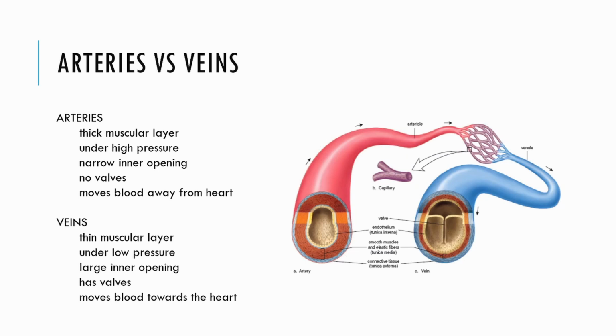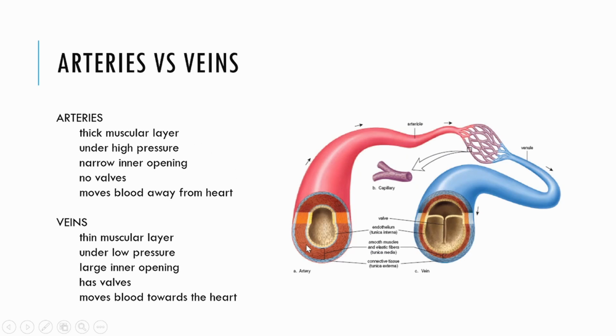There's some other key things that can differentiate between arteries and veins as well, besides just the direction that we're pushing blood. In the arteries, they're under a much higher pressure compared to the veins. Veins are under low pressure. And because of that high pressure, they have to have a thick muscular layer. So we see that in the image here, right?